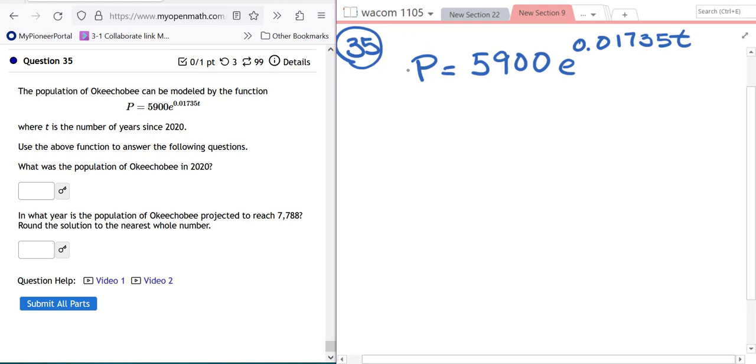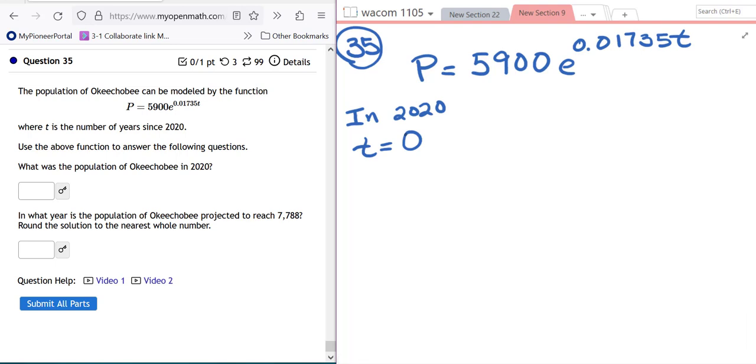So, P. So this model is for years after 2020. So if we want to know in 2020, then T would be 0 because the way they've defined it. And that is how it is in most of these model questions with population.